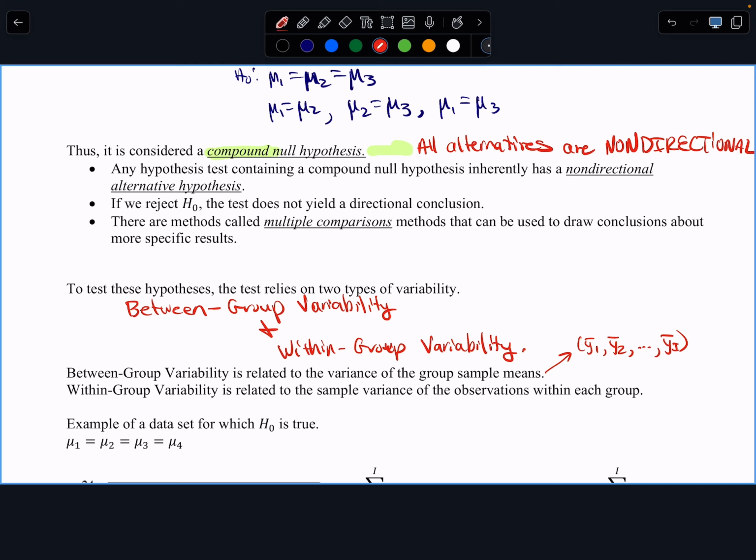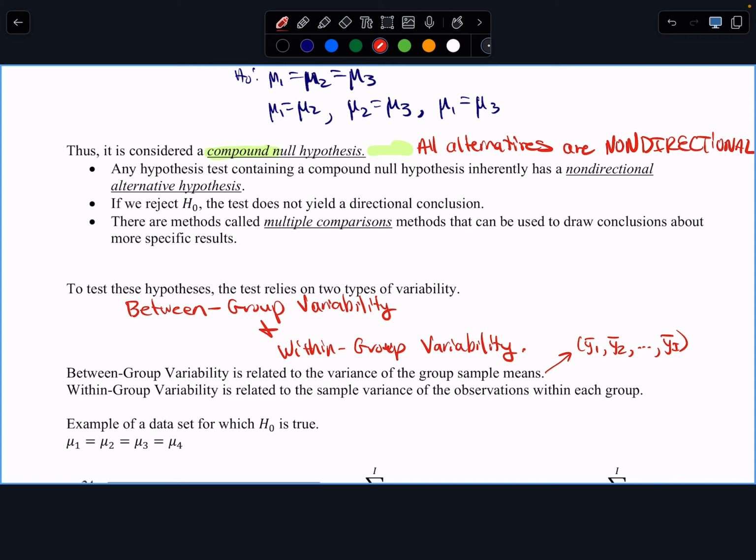If I go to group 1, how spread out are the observations in that group? If it's large, it may hurt me from seeing my between group variability, and I'll do that for every group. If it's small, I'll be able to see my between group variability very well.